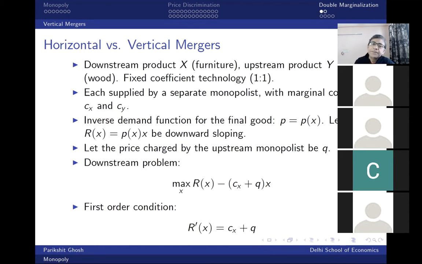Anyone else? So, but generally the chips of Intel are used by other manufacturers also. I mean, it's a raw material for other companies also, so they could basically cut their supply. Yeah. So let's keep our thought exercise simple here by saying that both of these were monopolists. Okay, so Intel was the only chip manufacturer and Hewlett-Packard was the only PC manufacturer.